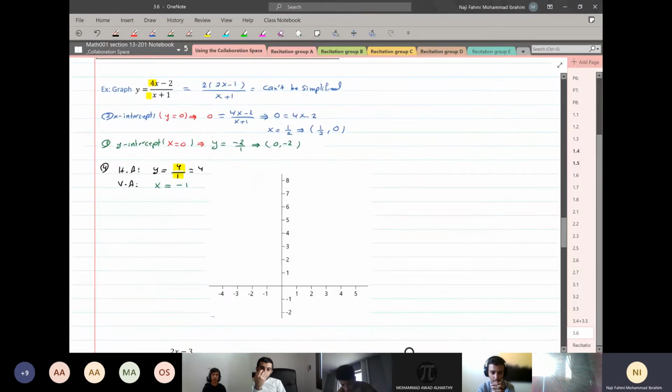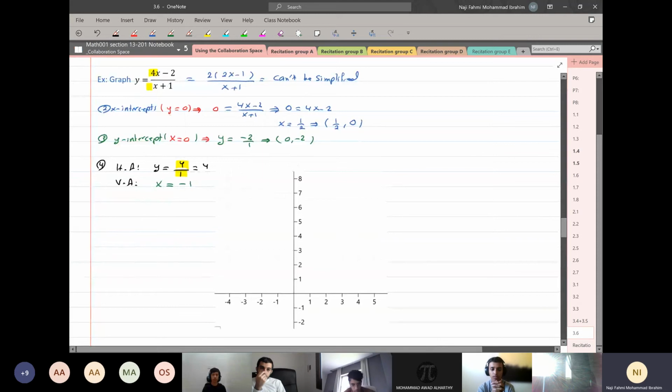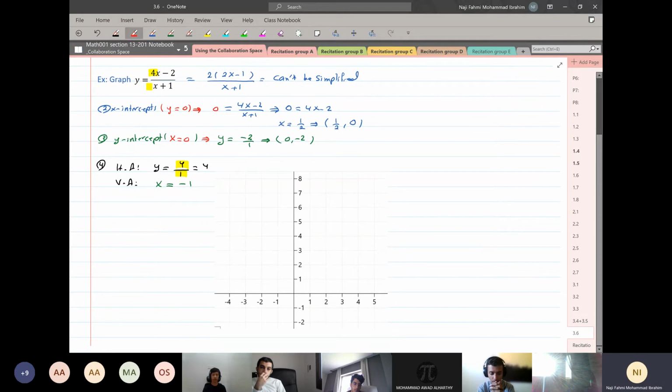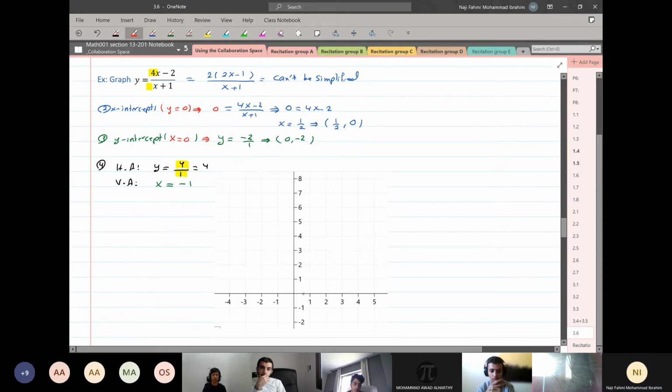Let's start with the first thing that we found, the x-intercept. What was the ordered pair for the x-intercept? Half with 0. And we are plotting it here. Then what was the y-intercept? 0 with negative 2. Now let's draw the asymptotes.